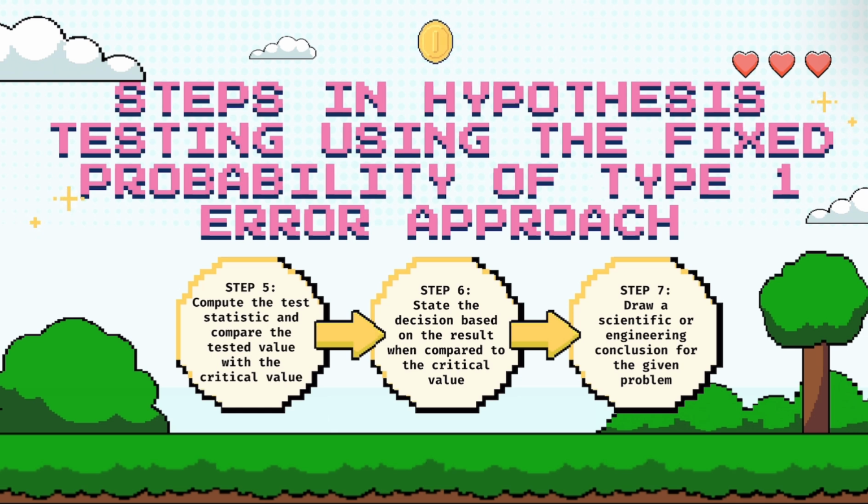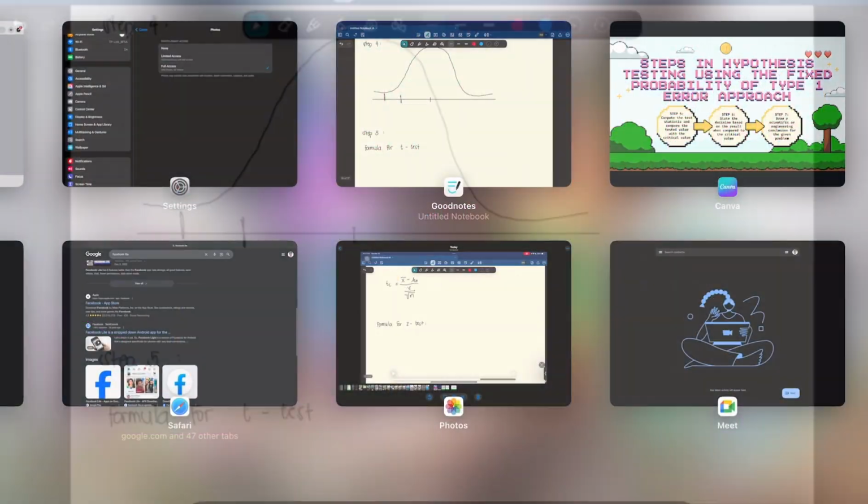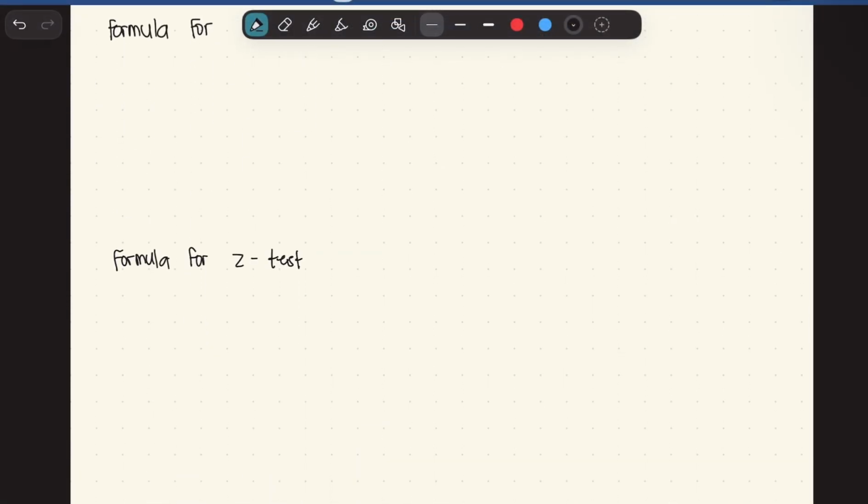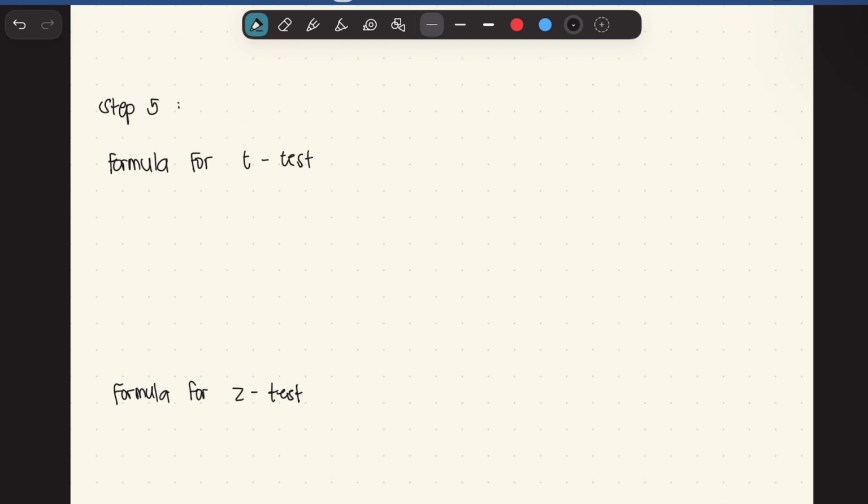After natin ma-determine ang statistical test na gagamitin natin, pwede natin i-compute ang T or Z value. May dalawa tayong formula, ang T-test at saka Z-test. For T-test, siya ay Tc is equal to computed mean minus hypothesis mean all over sample standard deviation over square root of sample size.